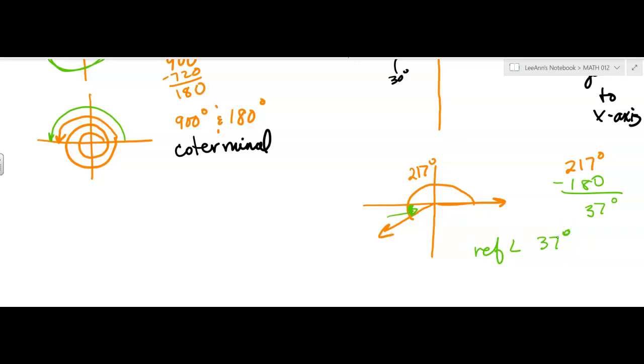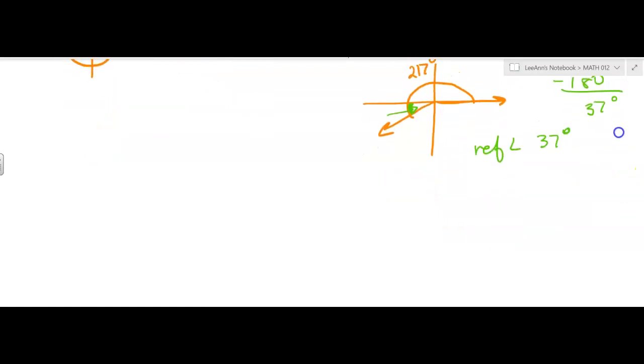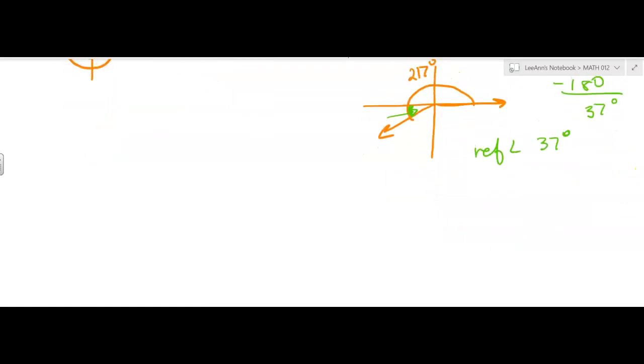So reference angles are really important. Now, you're probably saying, well, what if I had an angle like, we'll do 315. Okay, so that was one of our special angles. So 315 degrees is like over here.